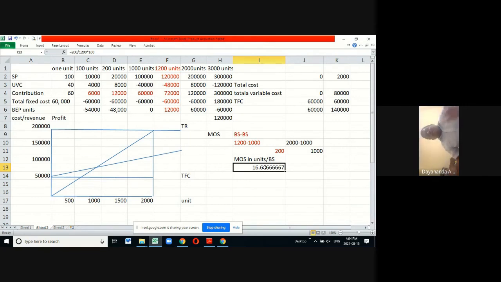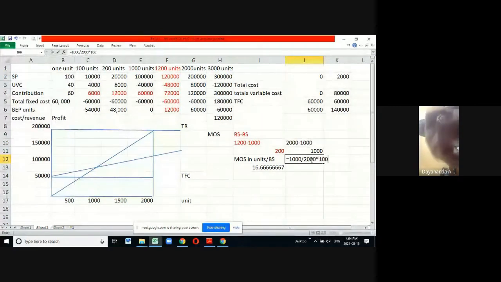But if budgeted sales were 2,000, the margin of safety in quantity is 1,000, divided by 2,000 budgeted sales, multiplied by 100, it is 50%.